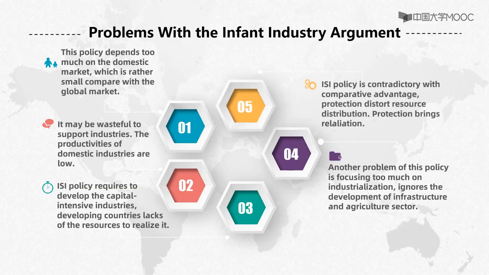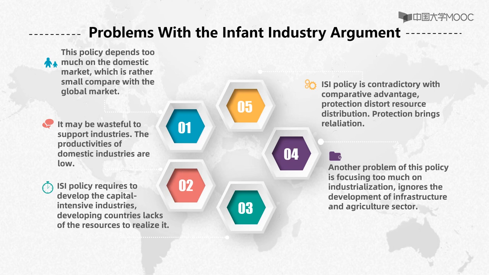In theory, ISI runs contradictory to comparative advantage. In comparative advantage, countries should specialize in the production of goods in which they have particular advantage. In this way, they can engage in international trade. However, in ISI policy, there is no such deal.